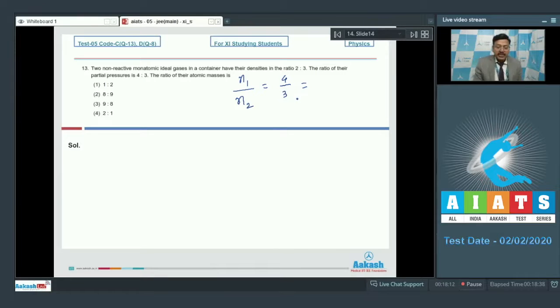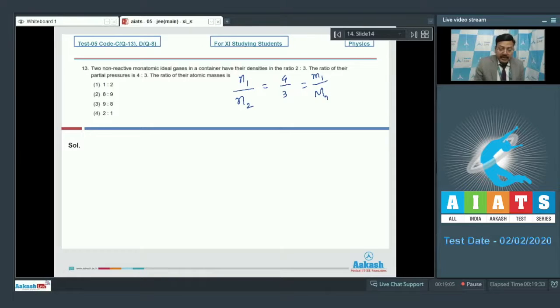We know PV is equal to nRT, and from that we can see that the partial pressure is directly proportional to the number of moles of the gas. So now N1 by N2, so what is N1? N1 is mass of the first one divided by its atomic mass. So if mass is, let's say, small m1, then small m1 is the total mass of the first gas and capital M1 is the atomic mass of the first one, right?